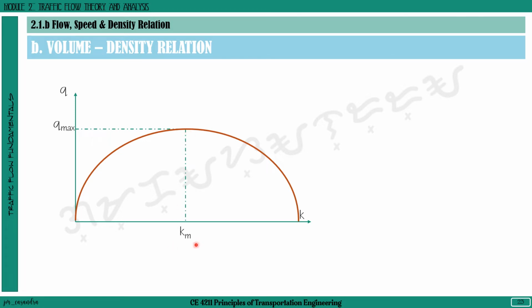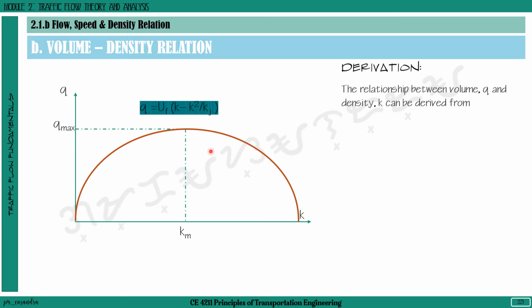or the optimum density. So the relationship between volume and density will now be defined by the equation Q is equal to U sub F times K minus K squared all over Kj. And the derivation of the relationship will be taken from our general equation, which is Q equal to K times U sub S, and our derived equation for the speed density relation.